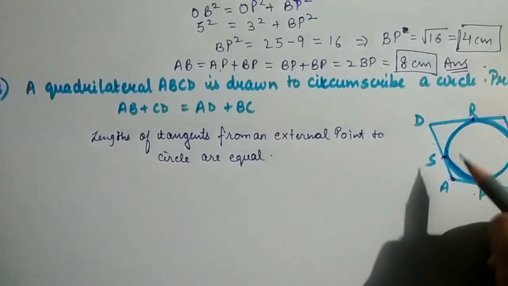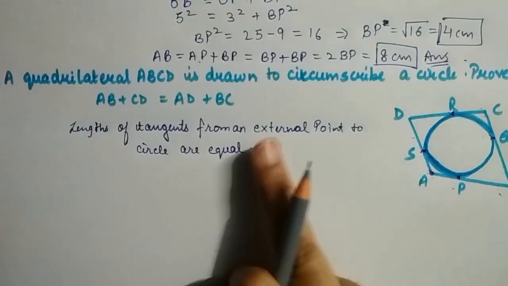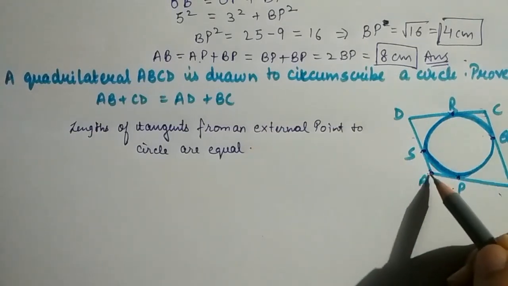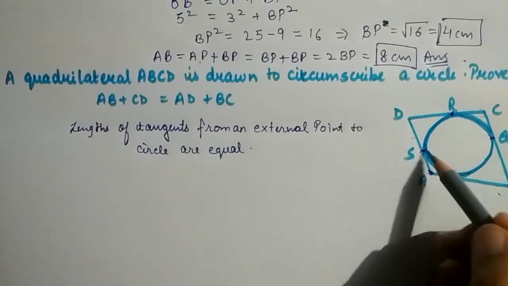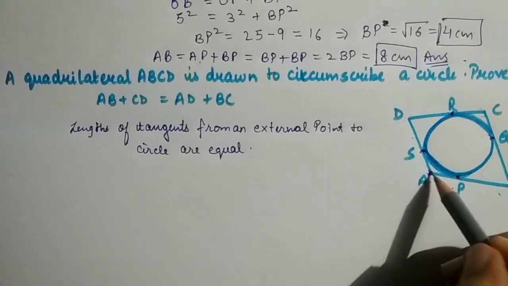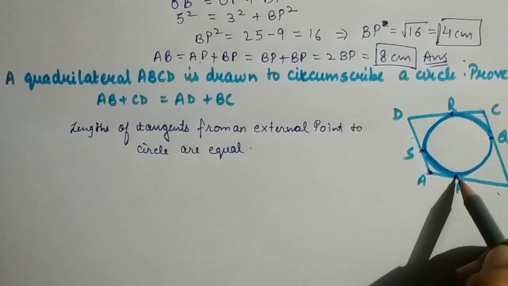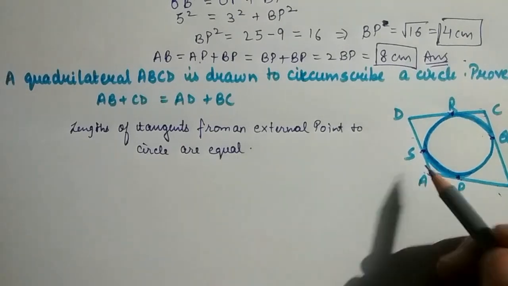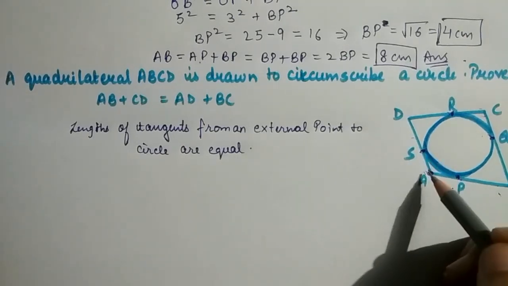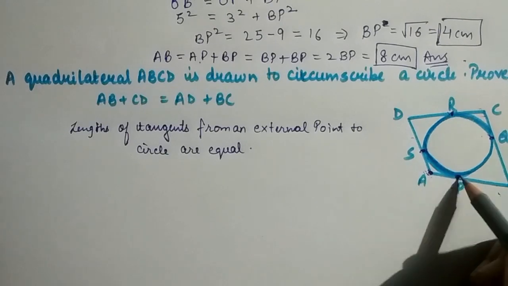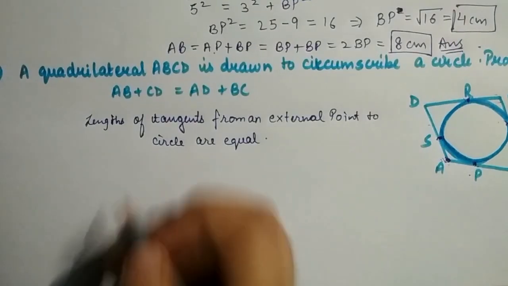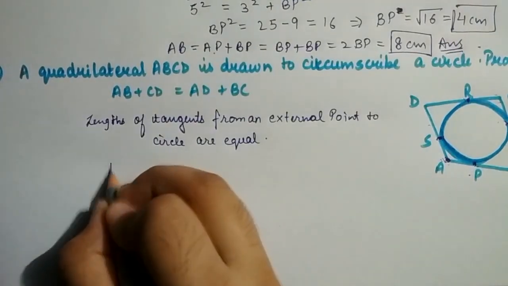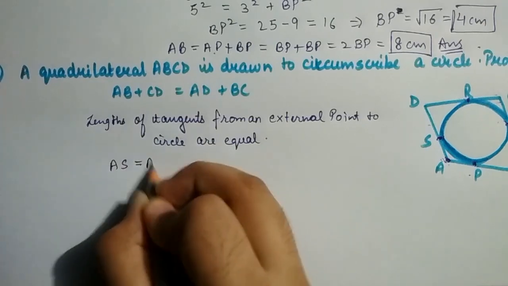You did the theorem. So similarly here also we will use this theorem only. As A is an external point, so AS and AP are two tangents that are drawn to the circle from this external point. Therefore by the theorem we will say that the lengths of these two tangents, that is AS and AP, are equal. So using this theorem you will say that AS is equal to AP.